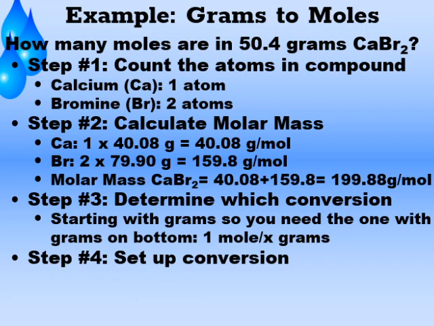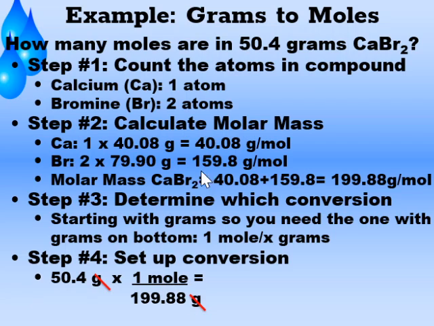So let's start at step 4. Let's set up our conversion. We start with what we are given, 50.4 grams. We put the units that we start with on the bottom. So we have grams here on the bottom, and this 199.88 sticks with the grams. And so then that means our 1 mole is on top. That now means our grams can cancel to leave us in units of moles, which is what we want.